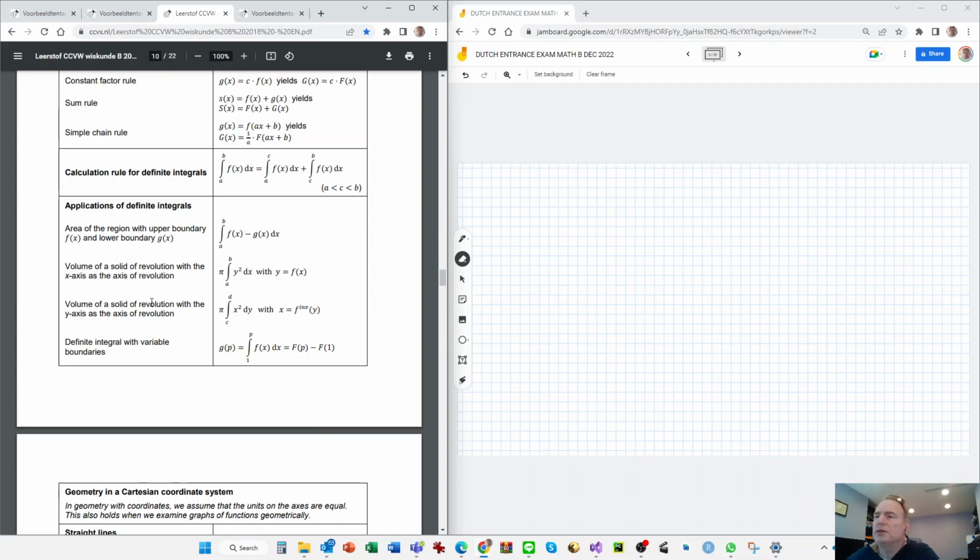The volume of a solid with the x-axis as axis of rotation, and you can also have it for the y-axis. So for the x-axis it's generally a little bit simpler. You can just use the function directly. If you rotate it around the y-axis, you need to find the inverse of the function.